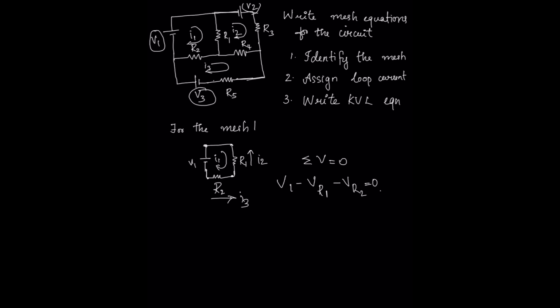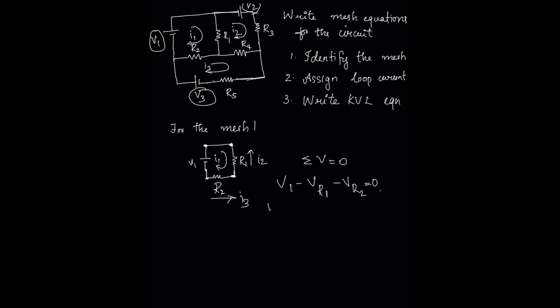So the summation of all the voltages will be equal to 0. When we have a rise in potential, we take it as positive, and when we have a fall in potential, we take it as a negative quantity. Between these two points, there is a resistance and there is a voltage drop.